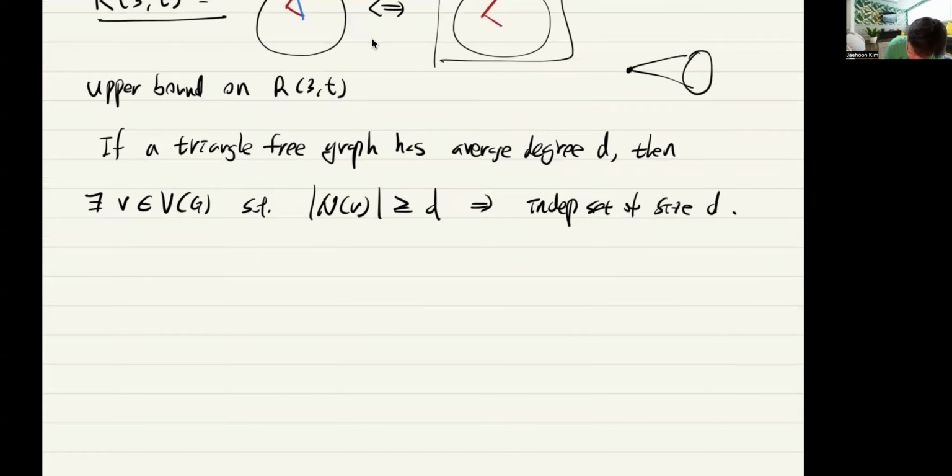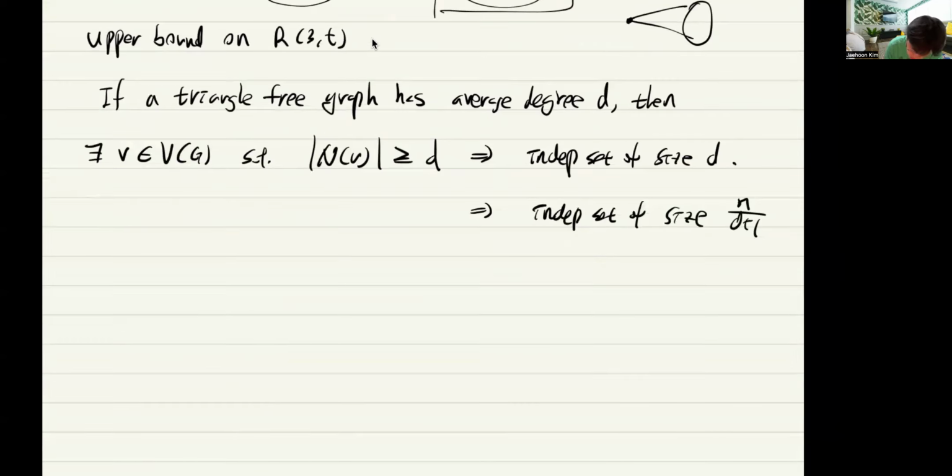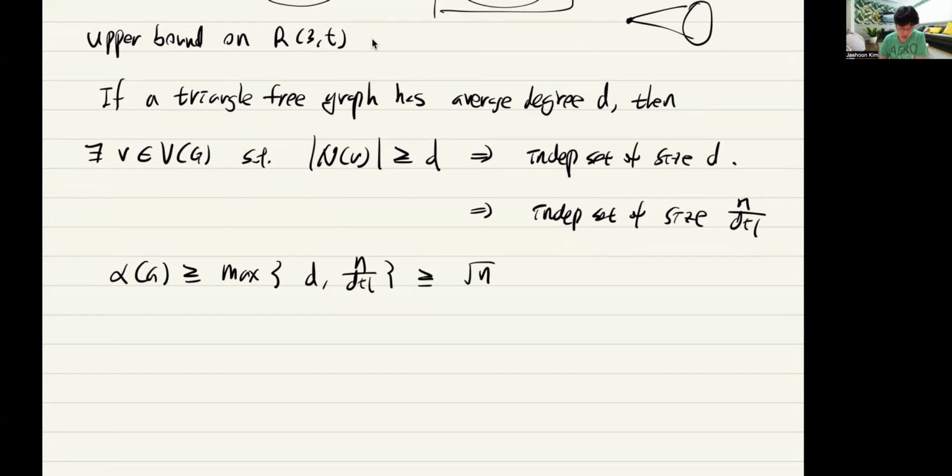Also, the Turan theorem said that it has an independent set of size n over t plus 1. Then what does this mean? Then it contains an independent set with a size of one of these. And no matter what t is, this is at least like square root of n.